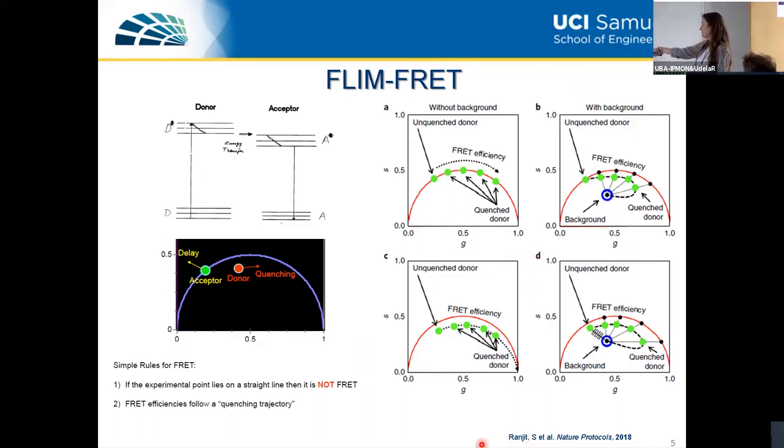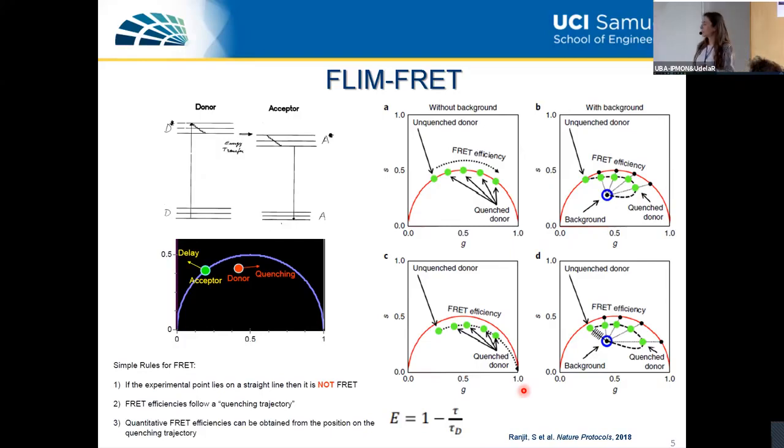I'm having troubles with the pointer. The more your fluorophore is quenched, the more prevalent the autofluorescence is, and it drags the points more towards that direction. And here we have the case when we have a multi-exponential decay.